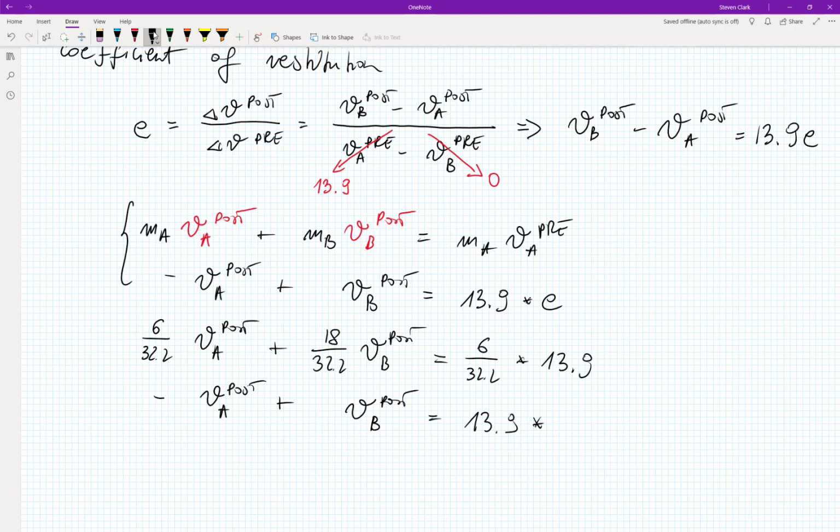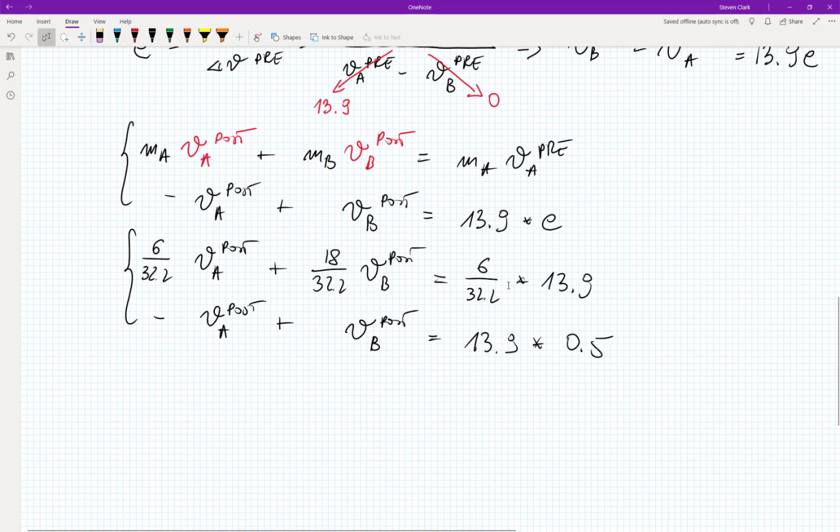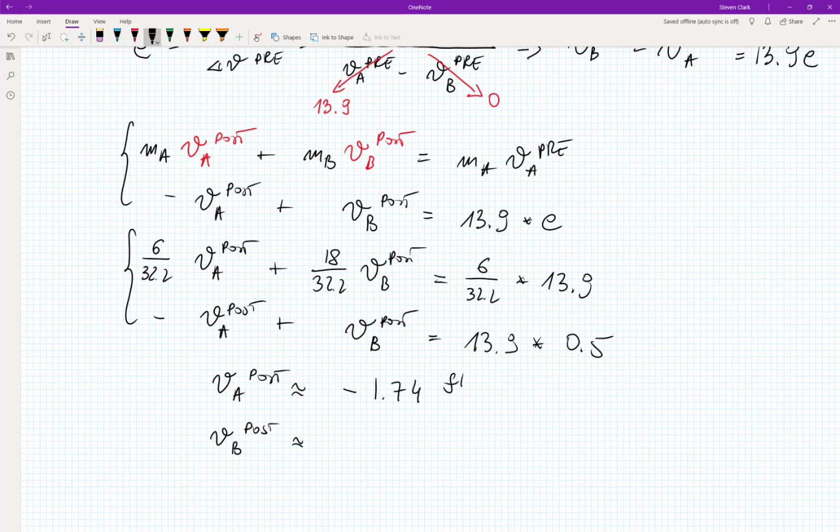And I think that coefficient of restitution was half. Okay, grab your calculators and find that our VA post is something and VB post is also something. I must double check what I obtained yesterday. Okay, in here I got minus 1.74 feet per second, and in here I got 5.21 feet per second.